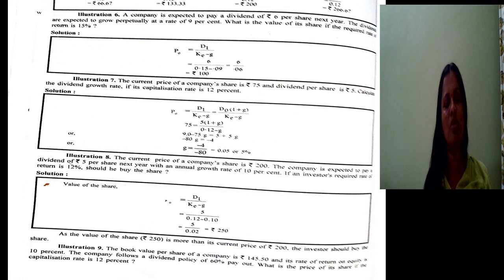Now we should give a suggestion with regard to the purchase of the share. The current market price is given, 200. Now the question is whether they have given all the information: current market price, expected dividend that is D1, annual growth rate that is G, and the investor's required rate of return of 12%.